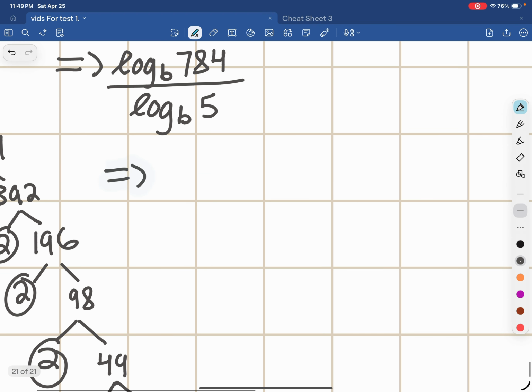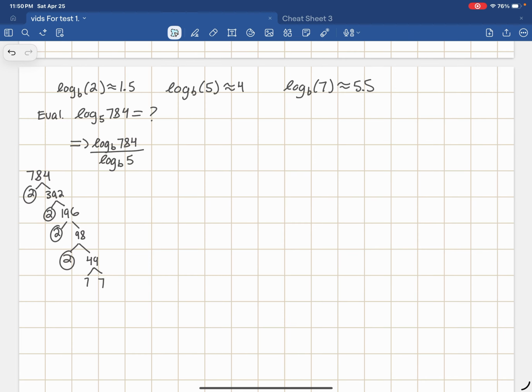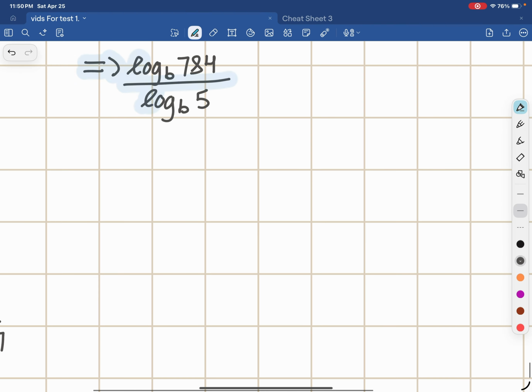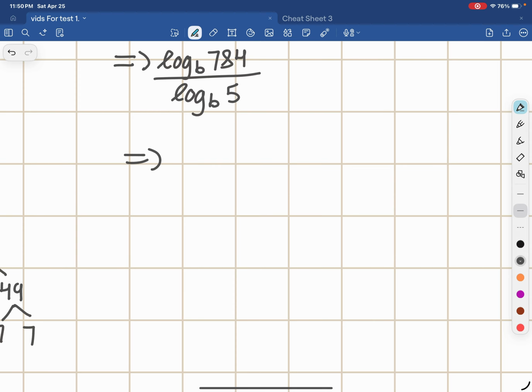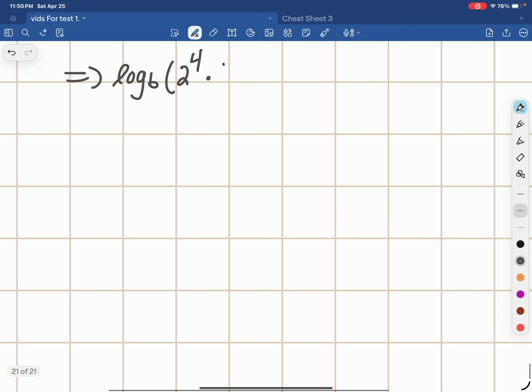So we know that it's going to turn into, let's make this look a little prettier first. Again, I'll write my properties on the right once we go through the problem again. But just for the time being, we'll move this to right here, to give us a little room. So we should have log base b of parentheses 2 to the 4th times 7 to the 2nd.